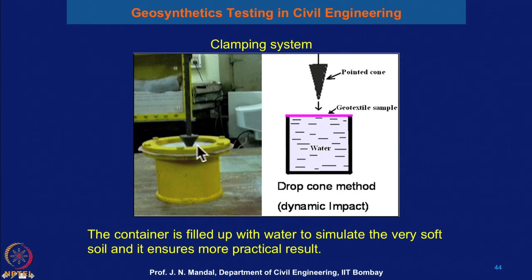Then this is the clamping arrangement, and this is the cone which is to be dropped from a particular height. Because there is no soil inside this container, the container is filled with water to simulate very soft soil, and it ensures a more practical result. You can see the geotextile material clamped here, and this is the pointed cone.